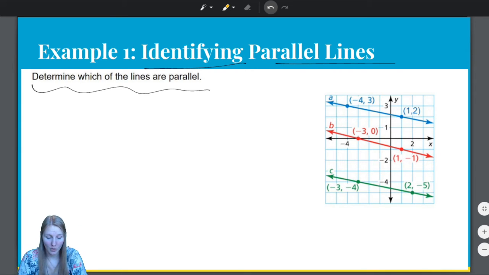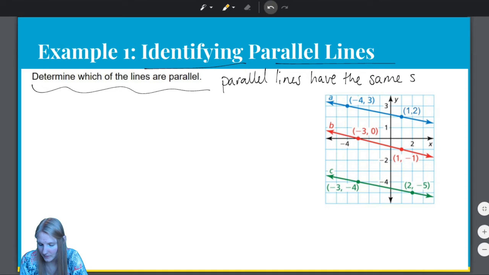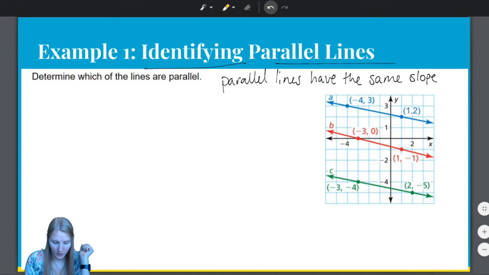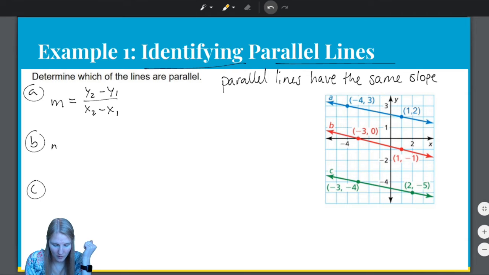And what we need to do, remember, parallel lines have the same slope. So if we want to know if these lines are parallel, we need to know what their slopes are. So for lines A, B, and C, we need to find m: y2 minus y1 over x2 minus x1.